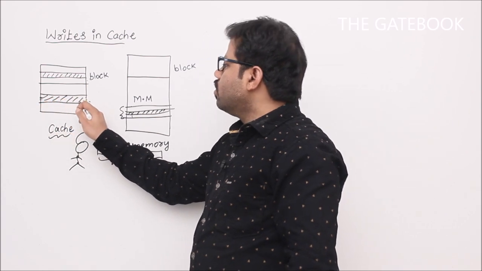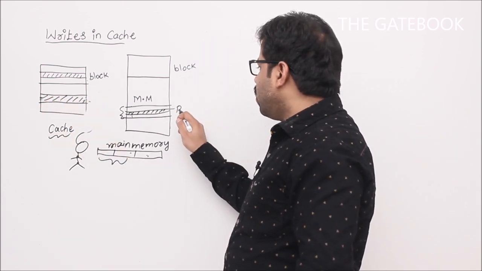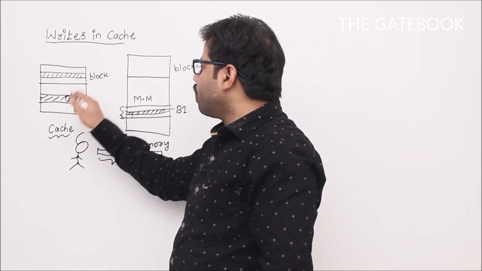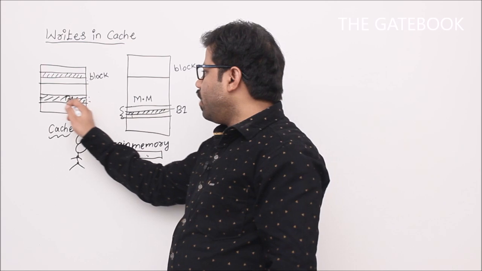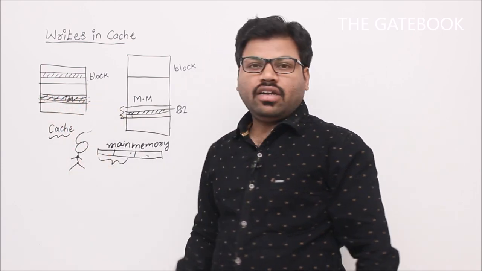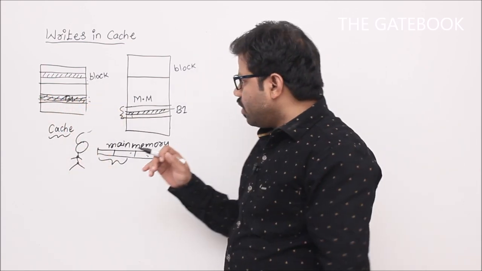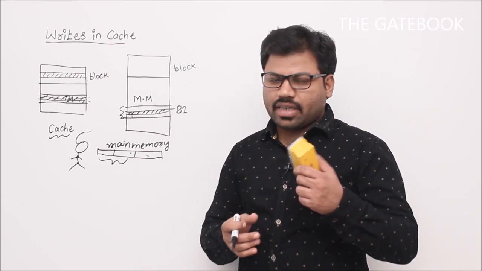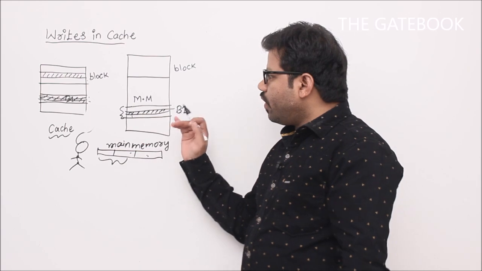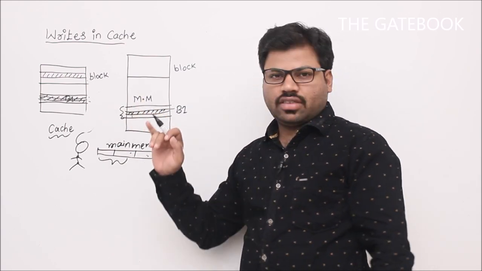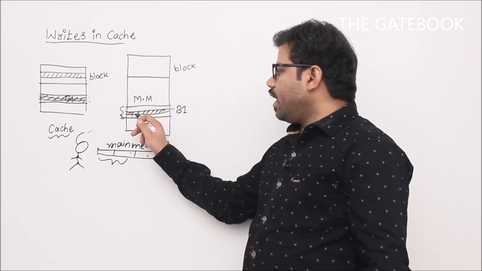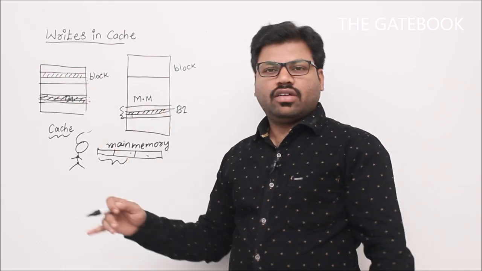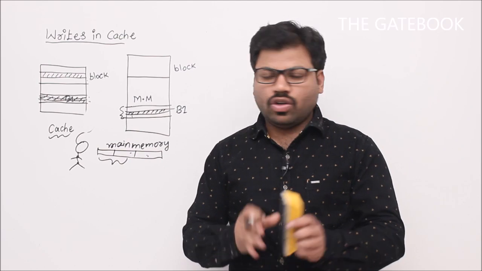For example, this is a block which you are referring to, then that block will be copied here, and after that the appropriate word will be taken. Understand? There are a lot of different ways people can do this, depending on the architecture. Maybe I can first read the memory word, the desired thing, then later move the block. Anything is possible, right? Don't worry about them.